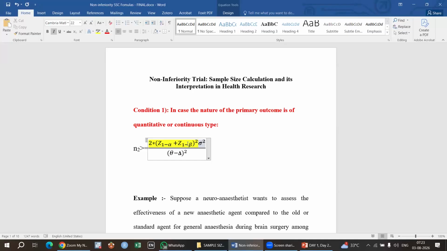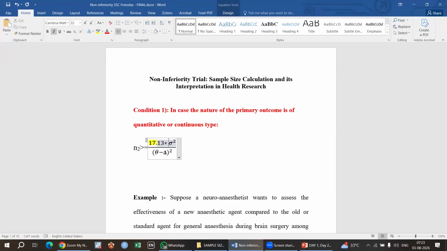17.13. Okay. Can anybody confirm it? 17.13. Can anybody confirm it? Yes, very good. So we can write down here 17.13. Is there any problem? 17.13 multiplied.